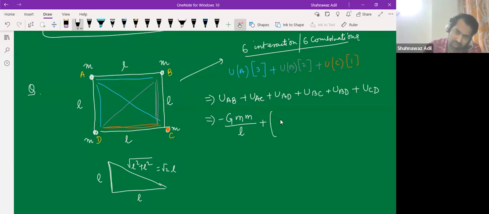Minus G M M by root 2 L. Why is there root 2 L here? Because the separation is root 2 L, right? This is UAC.